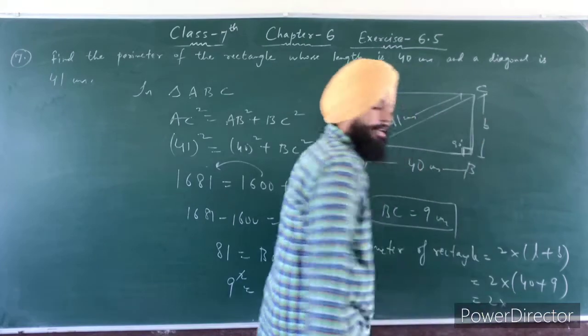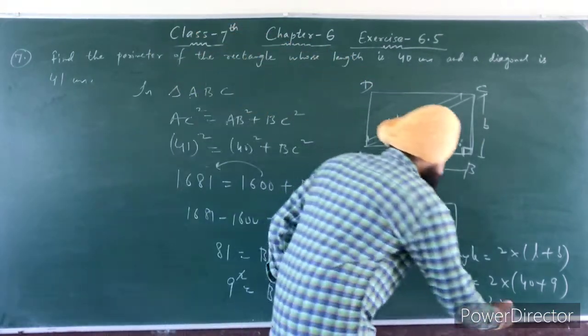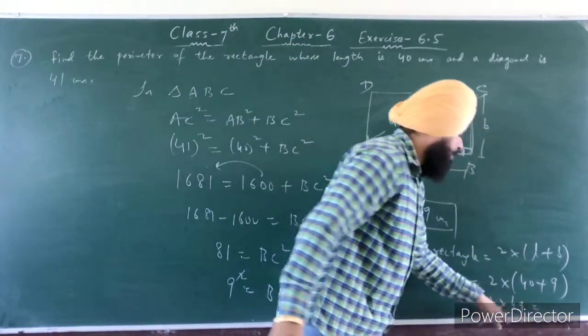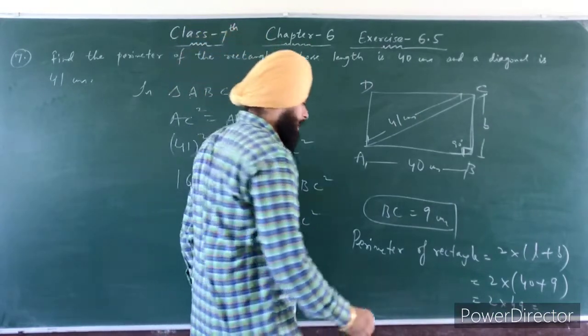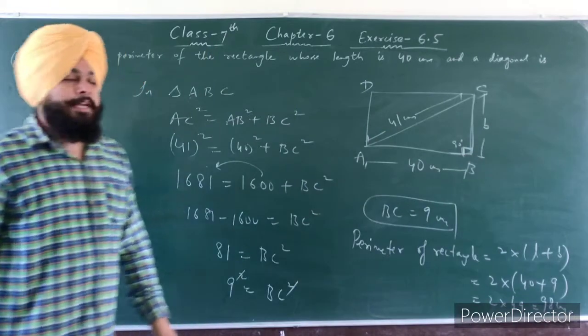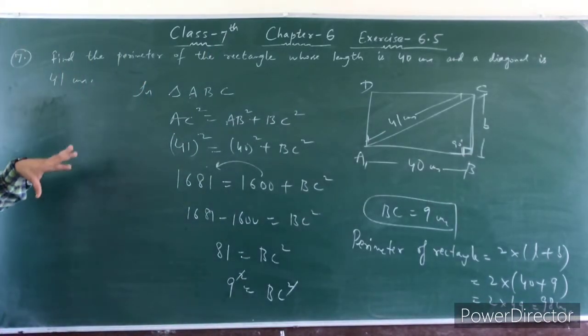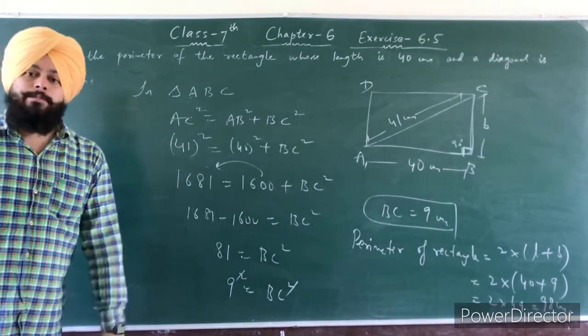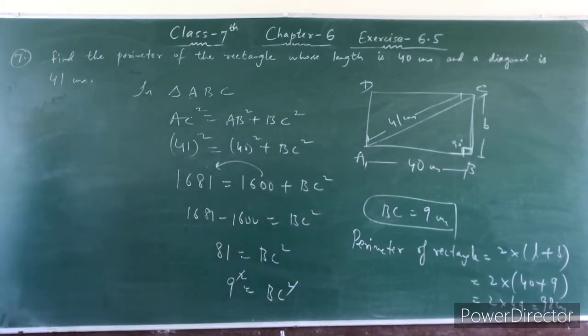So 40 plus 9, it is 49. And now 49 twos are how much? It is 98 centimeter. It means the perimeter of the rectangle ABCD is 98 centimeter. So this is your question number 7.